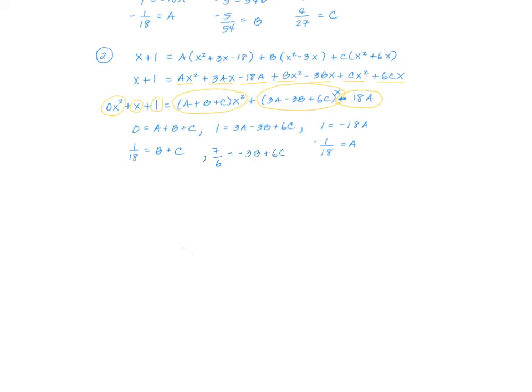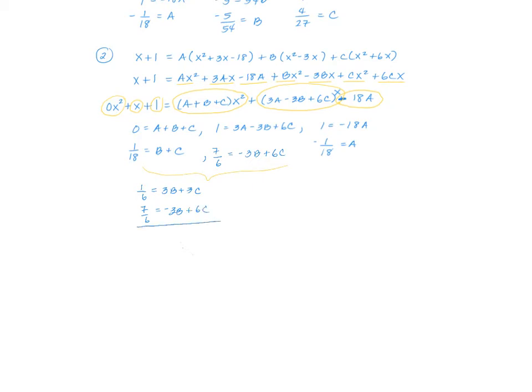You have to, at this point, recall your algebra and how you would solve these equations. Again, we can do a substitution, or notice that if I just multiply the first equation by 3, it becomes 1 over 6 is equal to 3b plus 3c. And the second equation was 7 over 6 equal to negative 3b plus 6c.